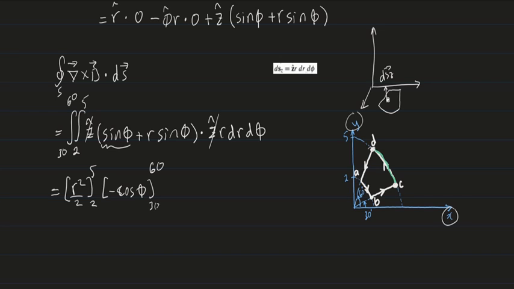And then I have plus sign, and this is now r square because I have r outside in there, so this is r square over 2. When you integrate this, it will be r cube over 3, and this is again integrated from 2 to 5, and this is minus cosine phi, integrated from 30 to 60.